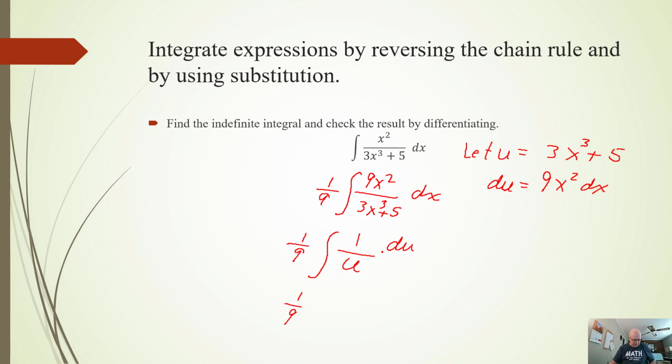1/9 natural logarithm of, and don't forget the absolute value, because we don't know whether u is going to be positive or negative, plus c. Easy stuff.